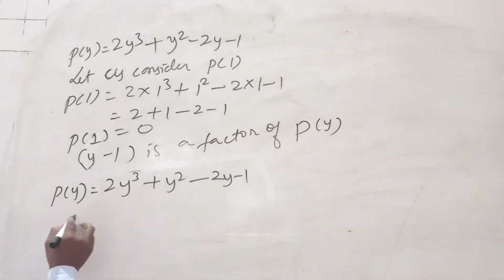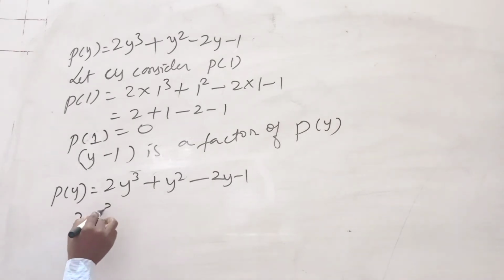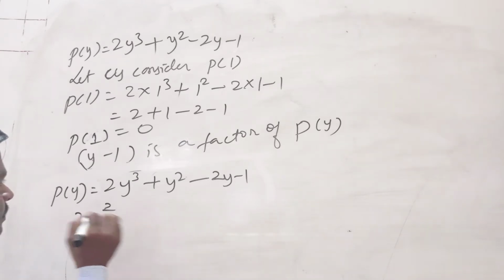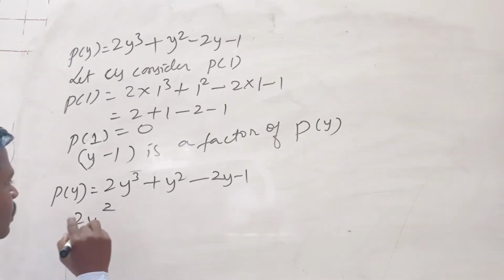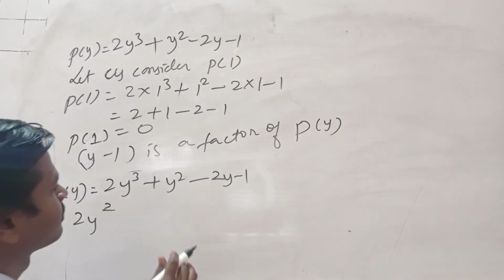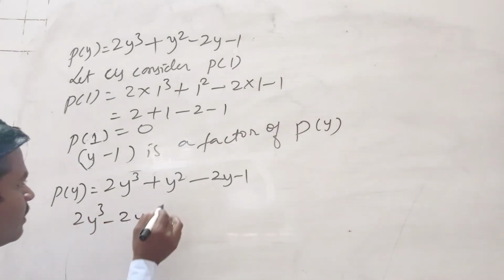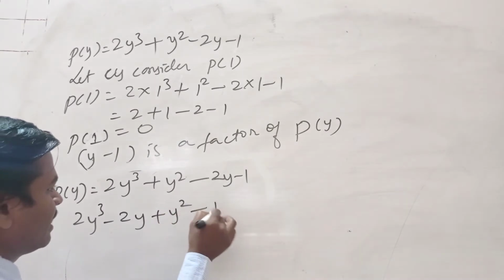In this case, okay, we'll group this one. 2y cube minus 2y plus y square minus 1.